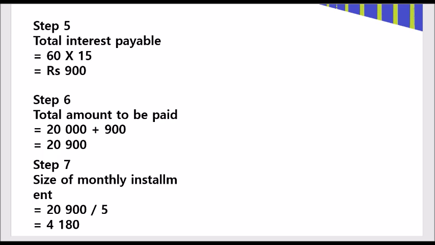After calculating the total amount, you can find the final answer, the size of the monthly installment. You know, according to the agreement, the loan has to be settled with 5 equal monthly installments. Therefore, you have to divide that total amount by 5. The answer is 4,180 rupees. I think you can remember that using the previous method, we also obtained that answer.